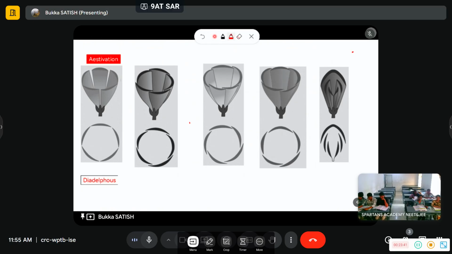Stamens, right? This is actually what we call cohesion. Cohesion of stamens. So stamens are attached among themselves, right? This is cohesion of stamens.